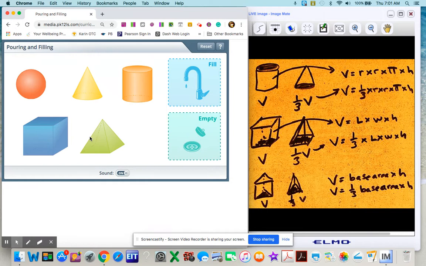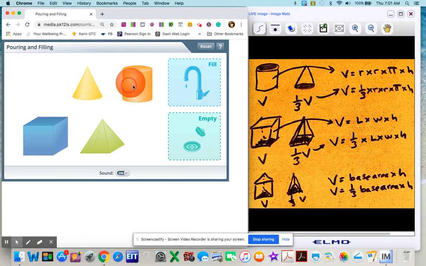So I want you to try and figure out one more. I now want you to go back to the applet and take a look at this sphere. A sphere is like a ball-like object. We're going to focus on the sphere relative to this cylinder.